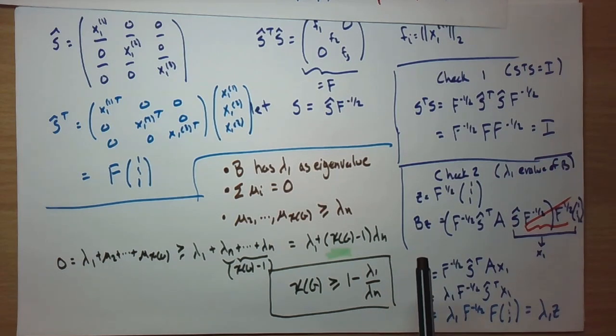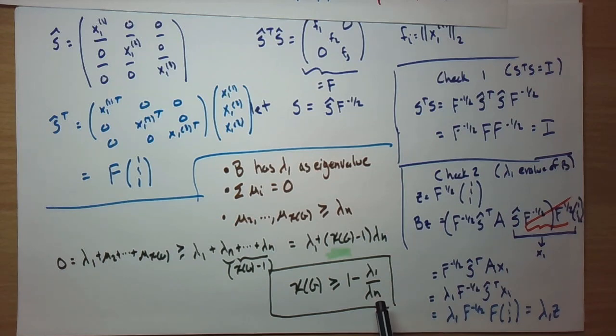How good is this? Well, let's pick a family of graphs that we know: bipartite graphs. What's true about bipartite graphs? They're 2-colorable, that's true. What about the eigenvalues of the adjacency matrix? In terms of lambda 1 and lambda n, they're equal in magnitude and differ in sign, which means lambda 1 over lambda n is negative 1.